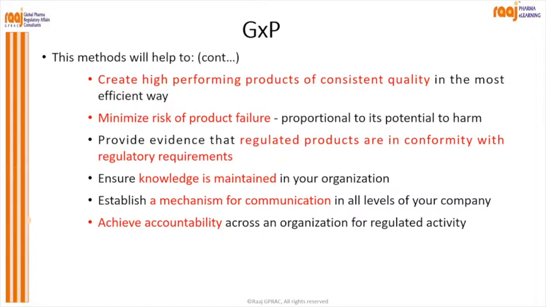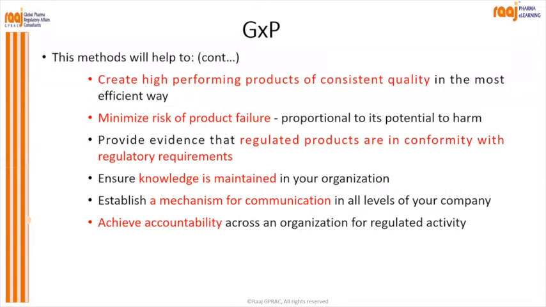And all the GxP methods help you to create high performing products of consistent quality in the most efficient way, which will help you to minimize the risk of product failure. Then ensure the regulated products are in conformity with the regulatory requirements. Ensure knowledge is maintained in your organization.